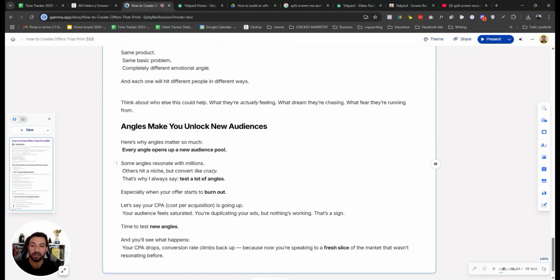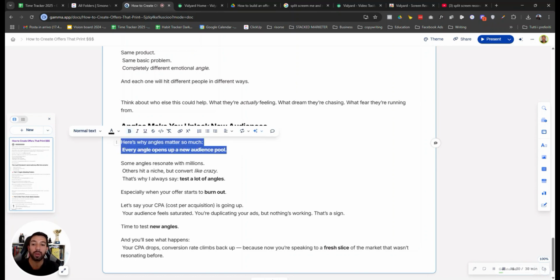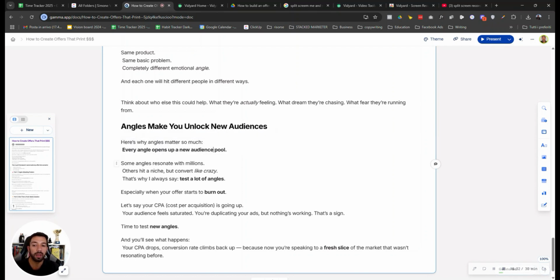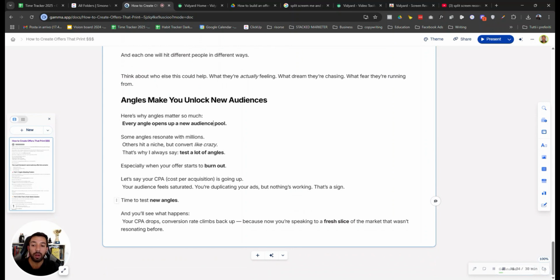And so this is what I said before. When an offer is not converting, you have to test new angles because it allows you to open up a new audience pool. Some angles will work, some angles will not, and the only thing you can do is test as many as possible, see what worked in the past, and what's working now for competitors.